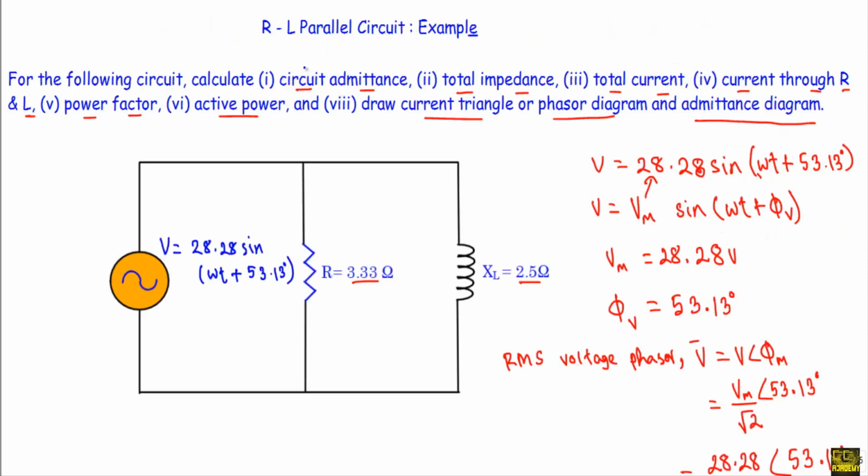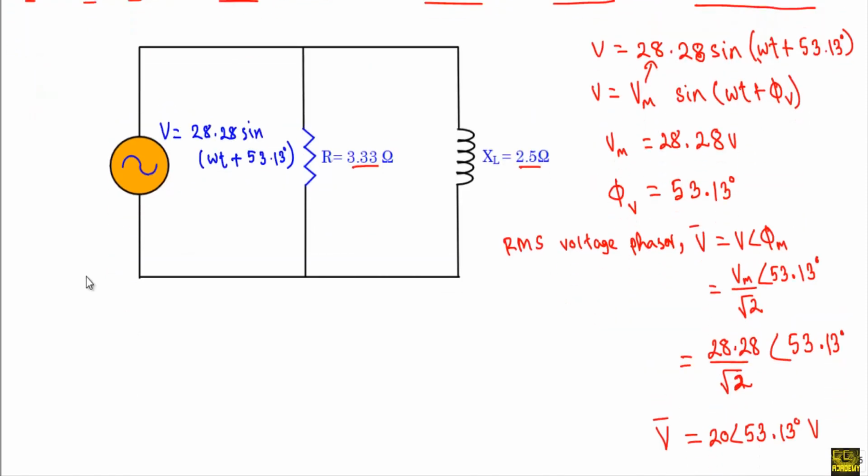In this circuit, at first we have to find out the circuit admittance or total admittance YT. As this is a parallel RL circuit, the total admittance will be YR plus YL. Now see, in this branch the impedance is ZR, which is equal to 3.33 plus J0 ohm.